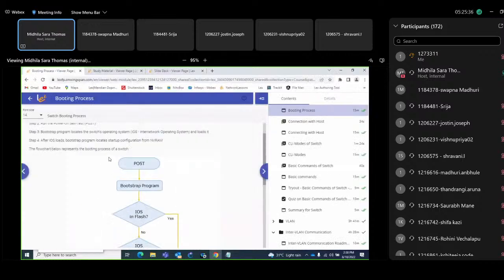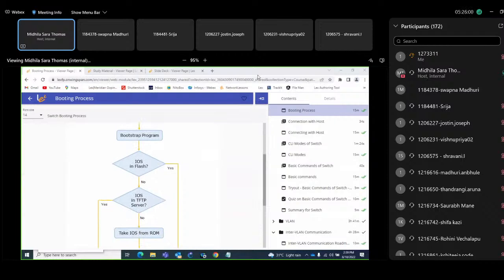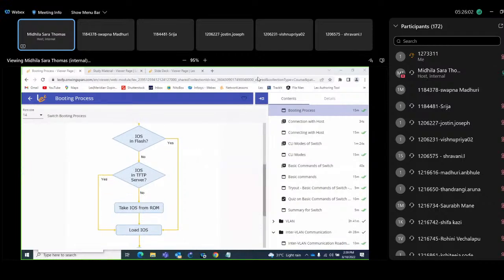So what happens in booting is, first of all, ROM checks if all the hardware is working properly. If it is, ROM runs the bootstrap program, which is the process of loading the IOS in flash memory to RAM. If the IOS is there in flash memory, great, it is loaded.